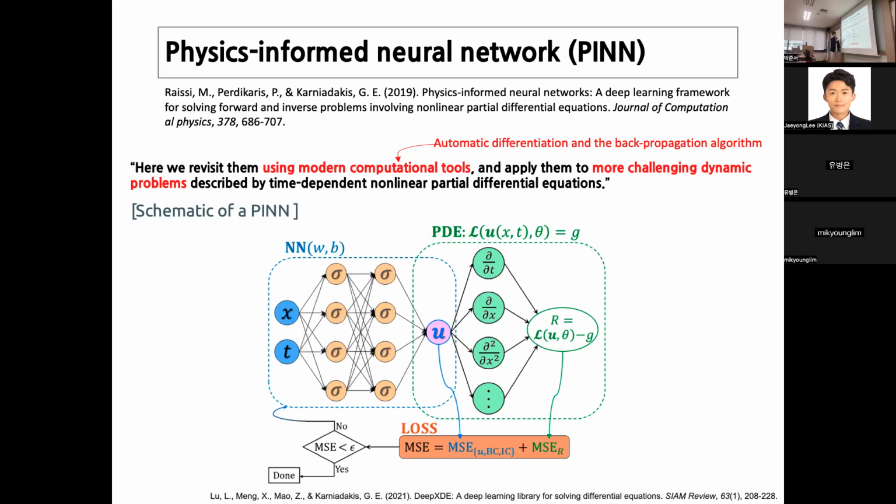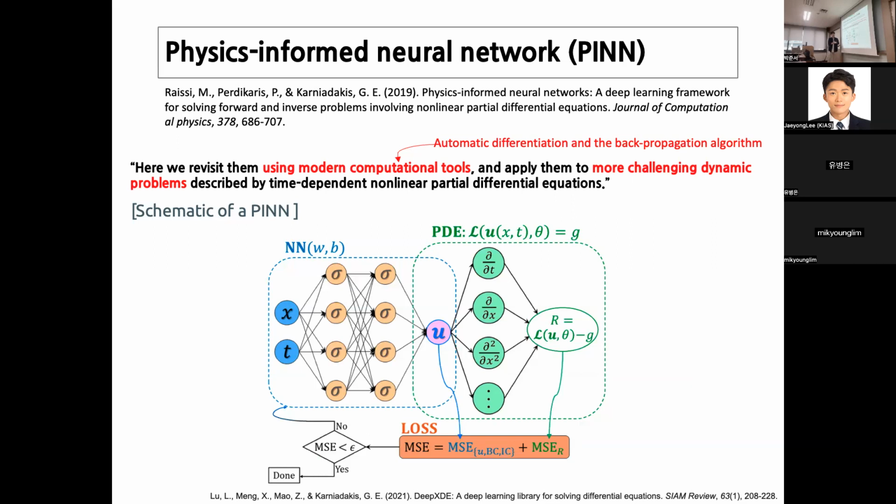And then they also take an input t, x using a deep neural network, and the output is u. And also they can calculate these derivative terms using chain rules. Also, they can make a residual value of this PDE. And then they just minimize this one. And then they repeat this to learn the optimal parameters, weight and bias.